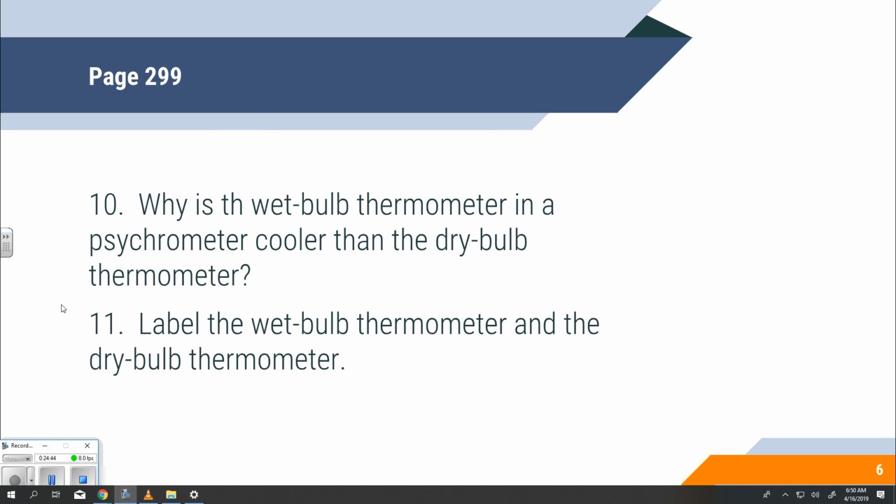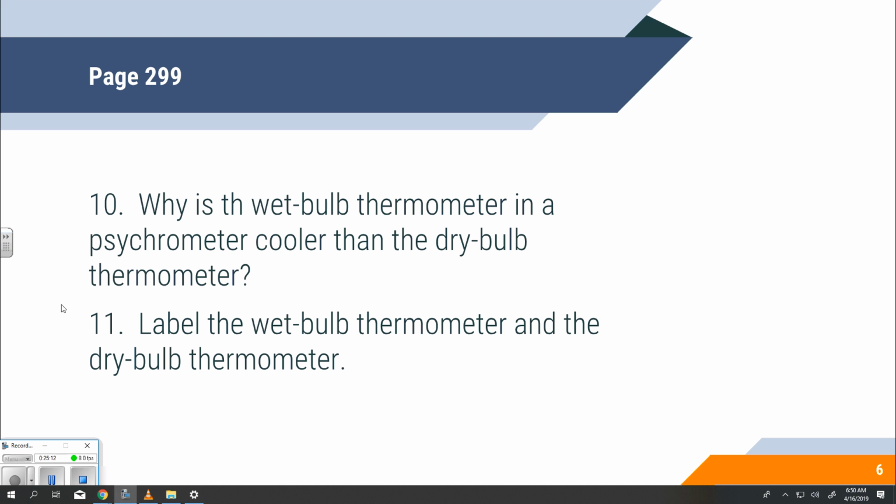Question 11. Label the wet bulb thermometer and the dry bulb thermometer. Highlight the tip of the thermometer on the top where the cloth is and label that thermometer wet.